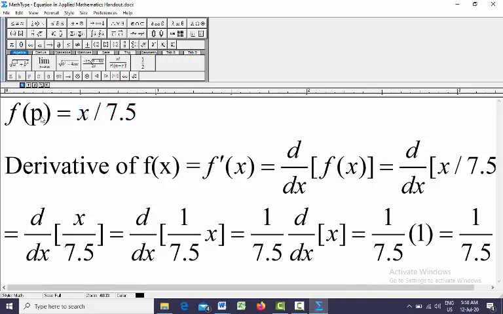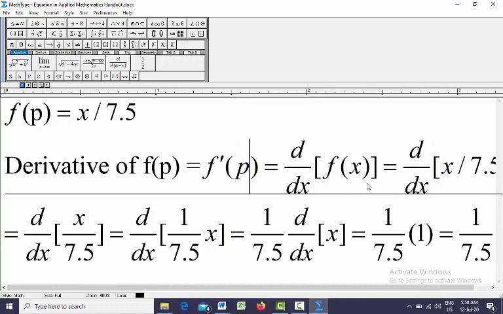Please notice here first, p is the variable, but we do not have any p here. So that means we need to do differentiation with respect to p.